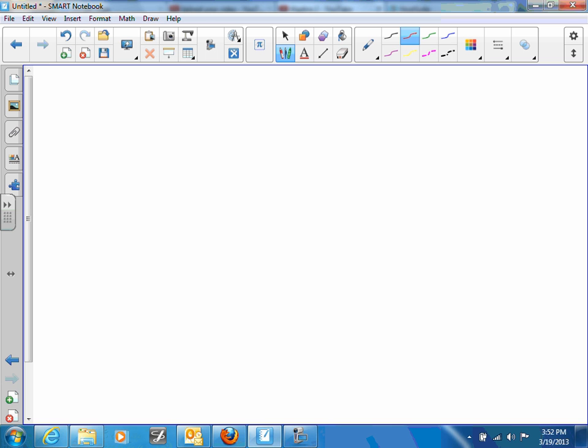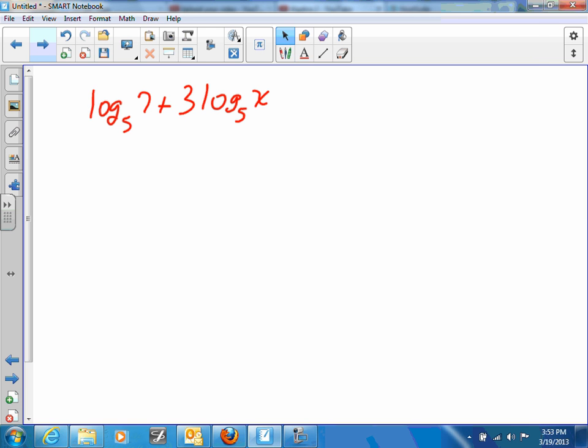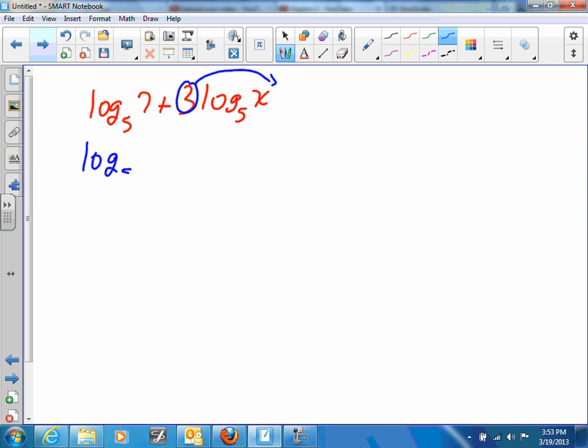What if I want to go from expanded to condensed? If I gave you log base 5 of 7 plus 3 times log base 5 of x. Now notice, there is a 3 in front. That's got to go back to a power. So step number 1, log base 5 of 7 plus log base 5 of x to the third.